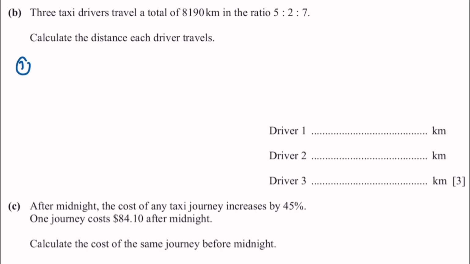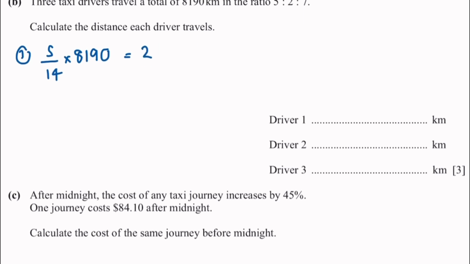His ratio is 5/14. 14 is from 5 plus 2 plus 7. So multiply 5/14 by 8,190, which equals 2,925.